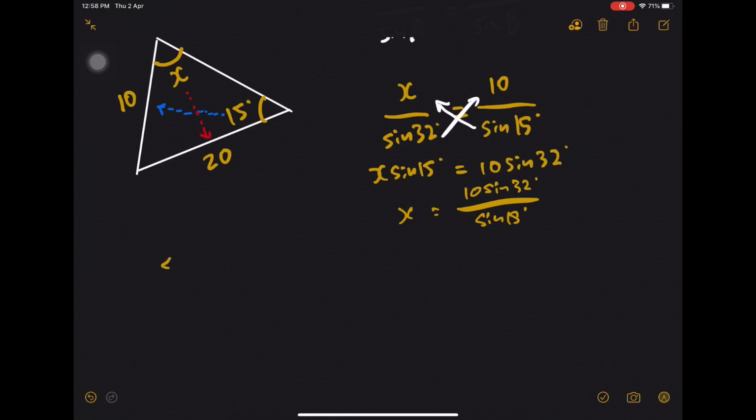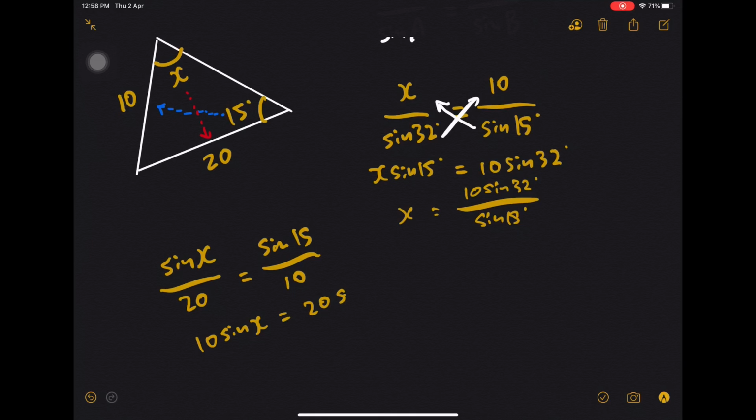I'm going to write it here. Sine x over 20. You can see x and 20 are opposite of each other, and sine 15 over 10. You still can do this, you just have to cross multiply. I'm going to bring my 10 over to the other side: 20 sine 15. To find x, be very careful.